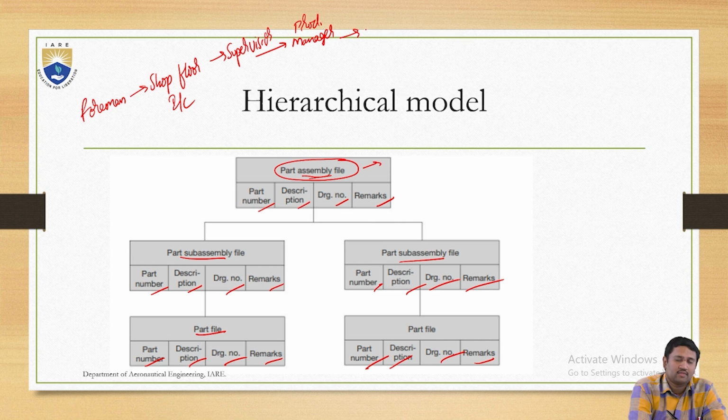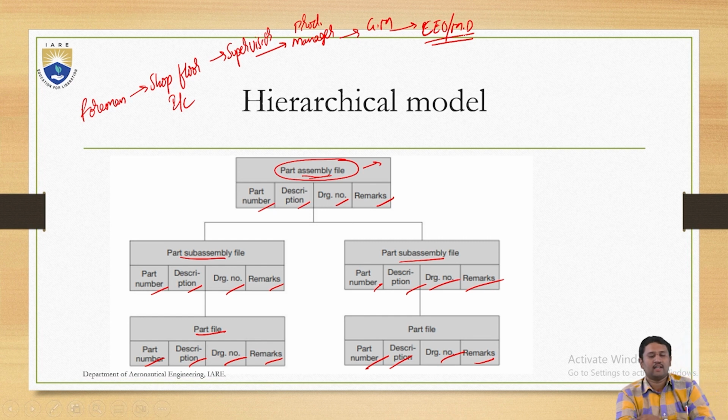Next, production manager to your general manager, to CEO or managing director. Right? It's a small hierarchical model in a company that most users follow.